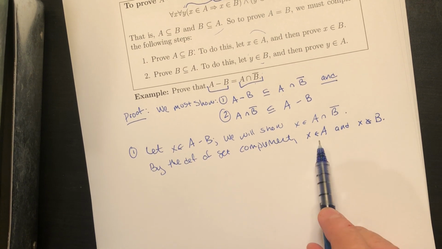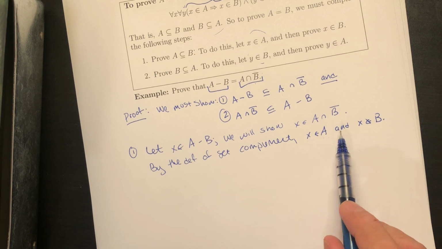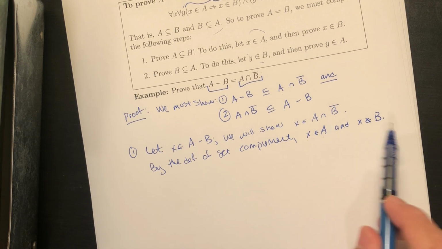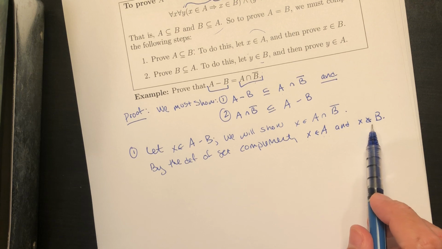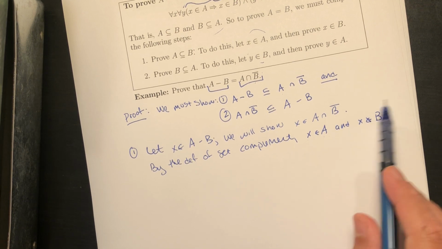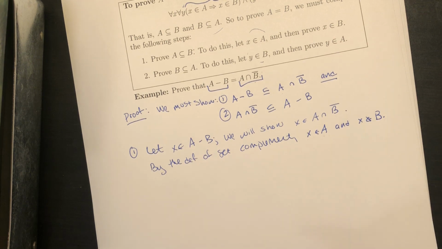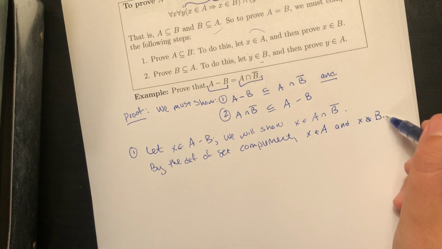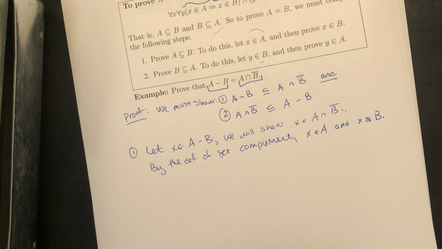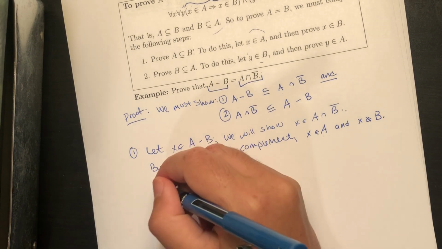Okay, so I know that x is an element of A, which is good news, but I also need to show x is an element of B complement. That's almost what I have, but what I have is that x is not an element of B. That's exactly what it means to be an element of B complement, but we need to walk our reader through that reasoning there. How do we know that this means the same thing as this?